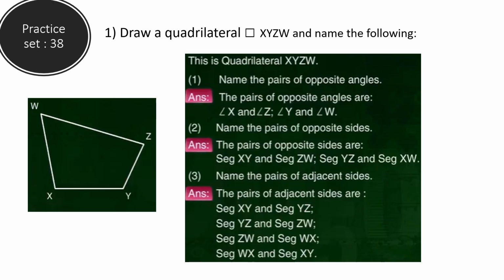Next, pairs of adjacent sides: segment XW and segment WZ having vertex W, segment WZ and segment ZY having vertex Z, segment ZY and segment XY having common vertex Y, are the pairs of adjacent sides that we have in quadrilateral XYZW.